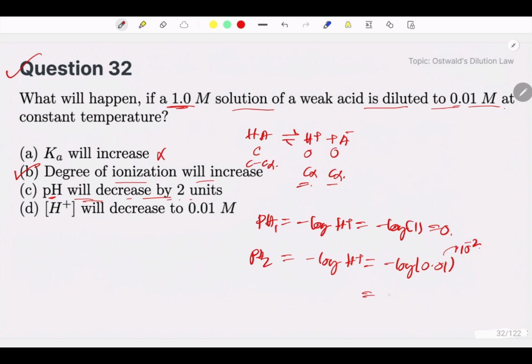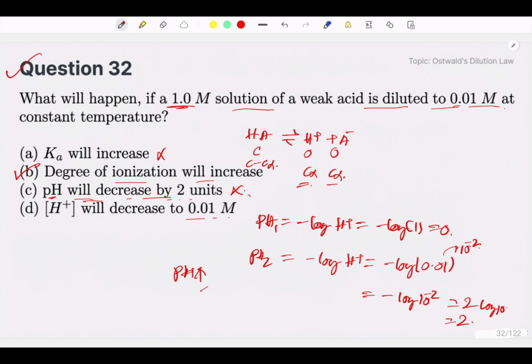So it is minus log 10 to the power minus 2. This will be 2 log 10, and log 10 is equal to 1. This is 2, so the pH will increase by 2 units, not decrease. So that is not true.